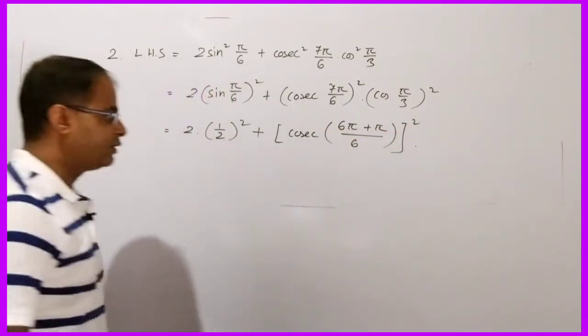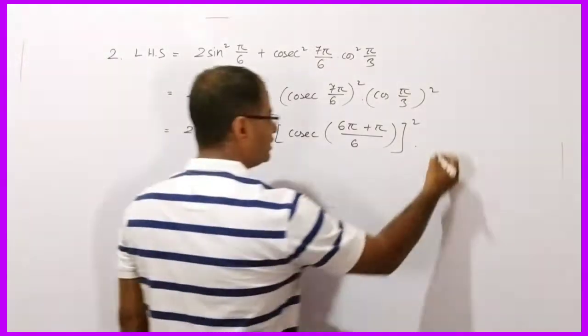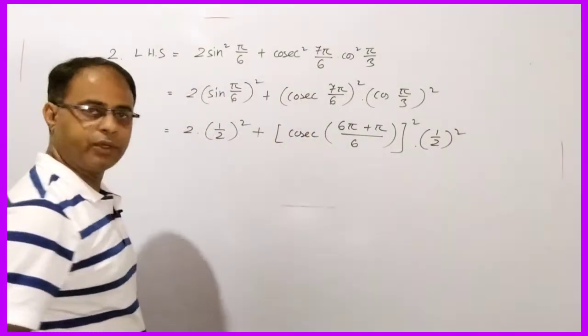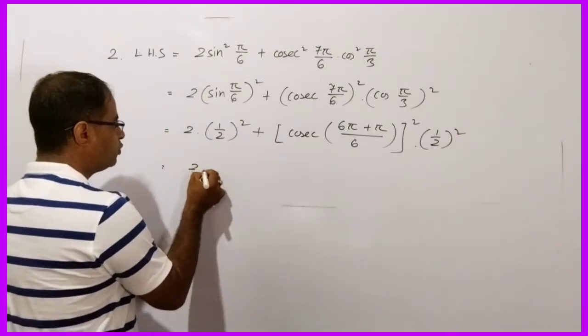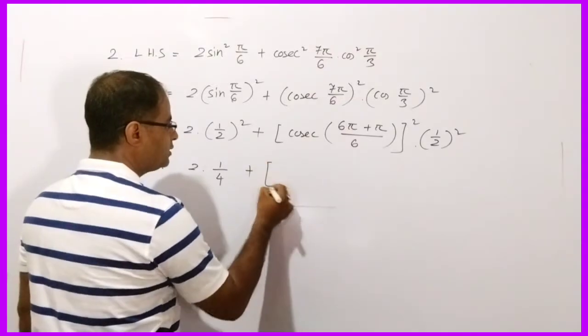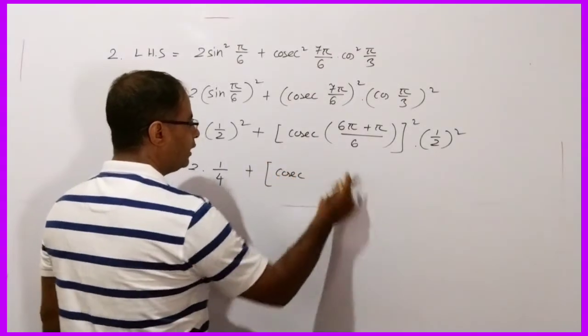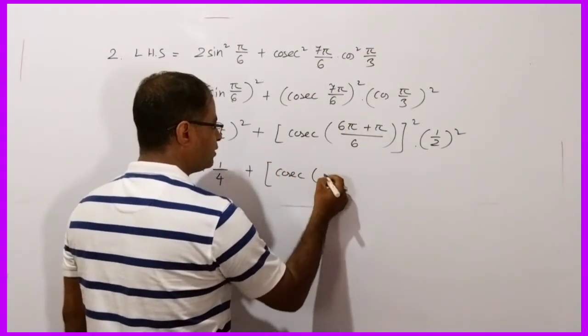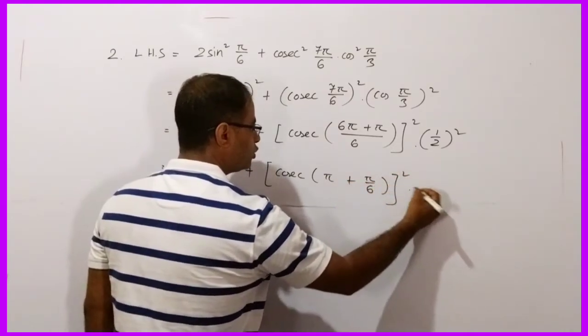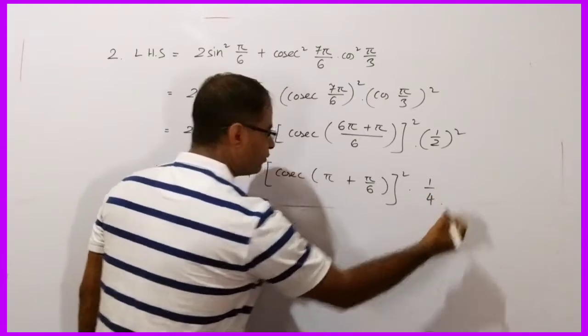And cos pi by 3 also, cos pi by 3 is cos 60 degree and cos 60 degree is half whole square. Now this is 2 times half whole square, which means 1 by 4, plus cosec. Taking the LCM, 6 pi by 6, that means pi, plus pi by 6 whole square. Half whole square means 1 by 4.